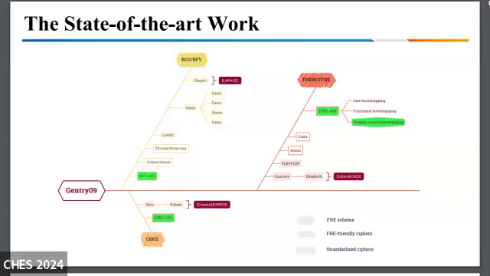The first one is we can use well-established and standard ciphers like AES. The second one is now there are a lot of works to study how to design FHE-friendly ciphers. FHE-friendly ciphers have low multiplication complexity and low multiplication depth.